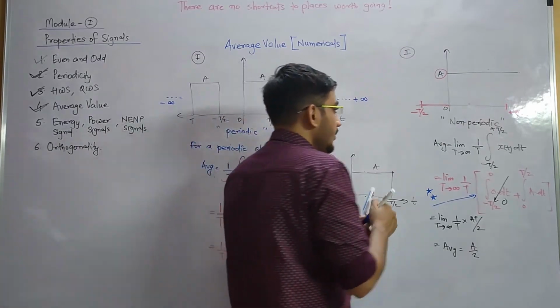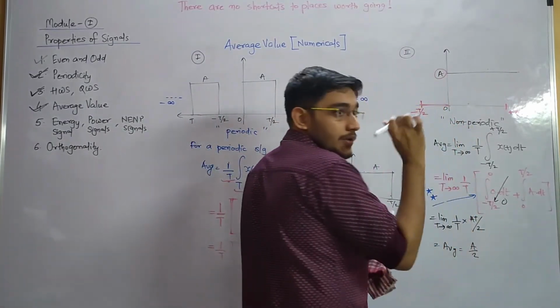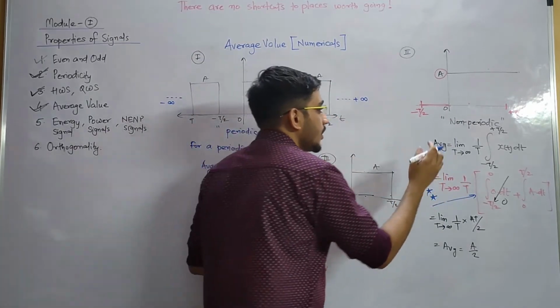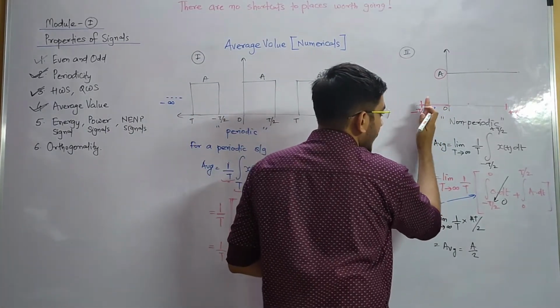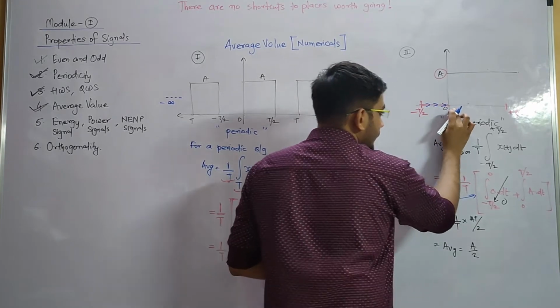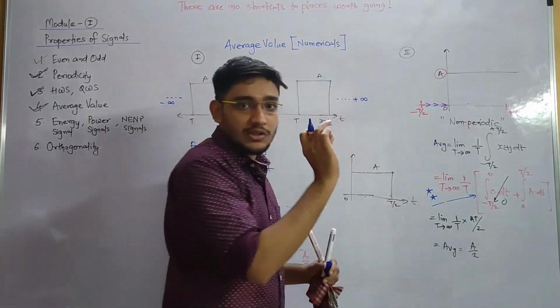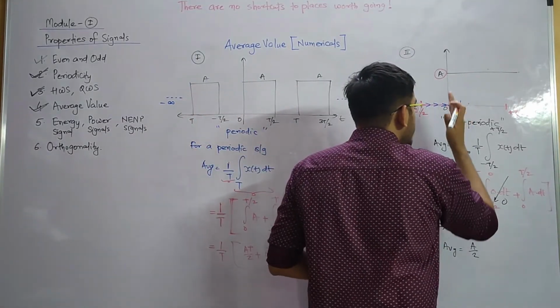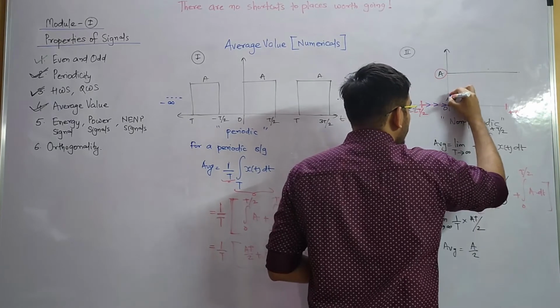What you're seeing here, for those who didn't understand, watch once again. See now, you're starting from minus t by 2. The value was initially 0 till t equals 0. There was no change in the amplitude. Now at t equals 0, there is a sudden shift in the amplitude.